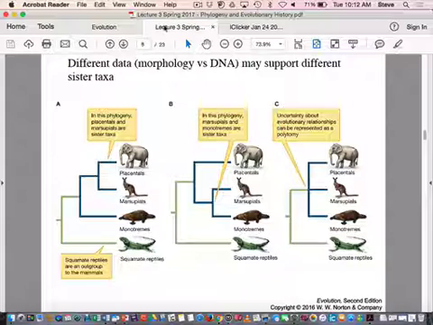But what do you think a polytomy is? Basically you have all three taxa coalescing back to a single ancestral node, and what you're saying here is the two data sets conflict, and we can't make any judgment about who is more closely related to whom.